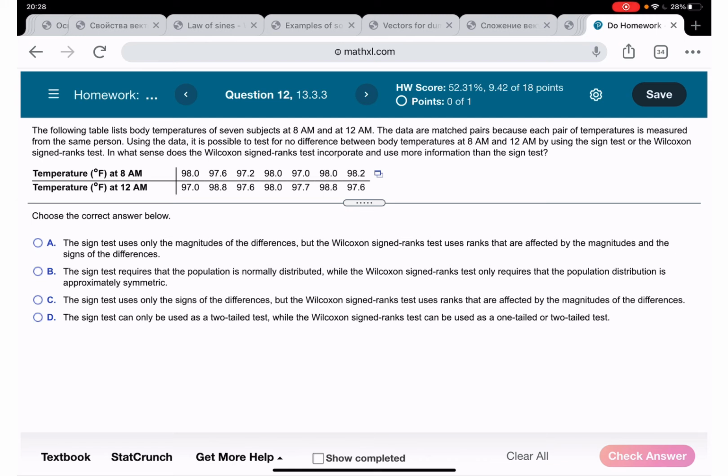Using the data, it is possible to test for no difference between body temperature at 8 and 12 a.m. by using the sign test or the Wilcoxon signed rank test.